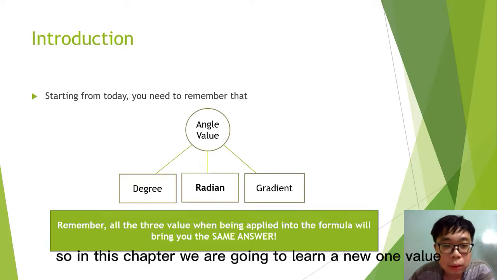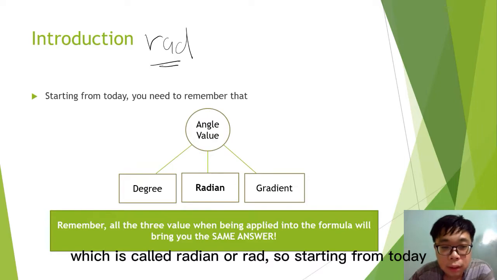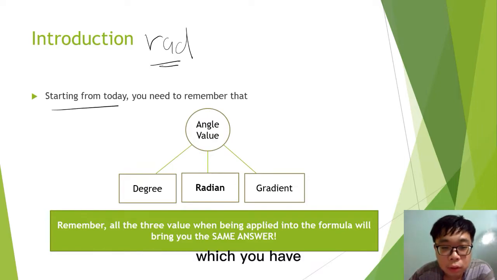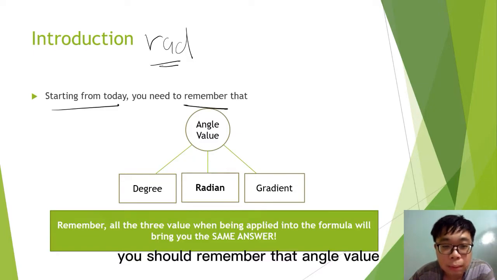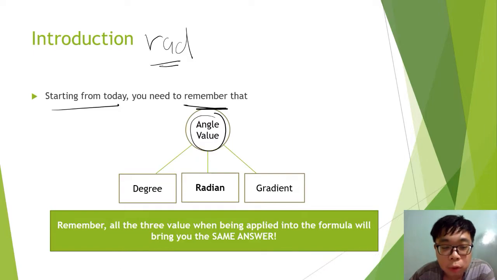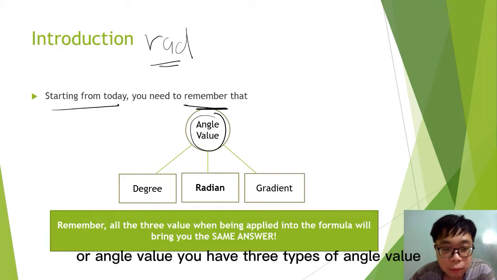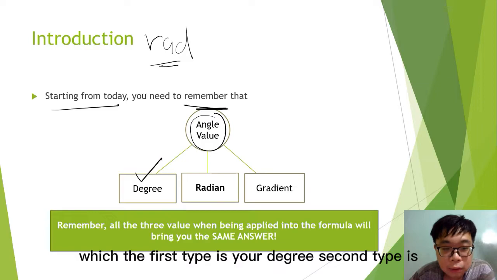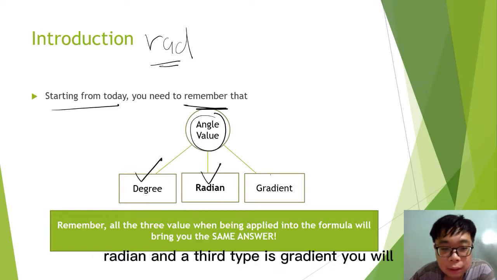In this chapter, we are going to learn a new value called radian, or rad. Starting from today, after you have entered Chapter 1 of additional mathematics, you should remember that there are three types of angle value: the first is degree, the second is radian, and the third is gradient.